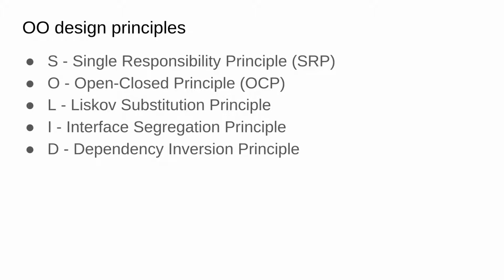S is the single responsibility principle, which says that a class or a function or a unit of code should have exactly one responsibility. It shouldn't do too many things. It should do exactly one thing. The open-closed principle and the other principles, we look at next time.